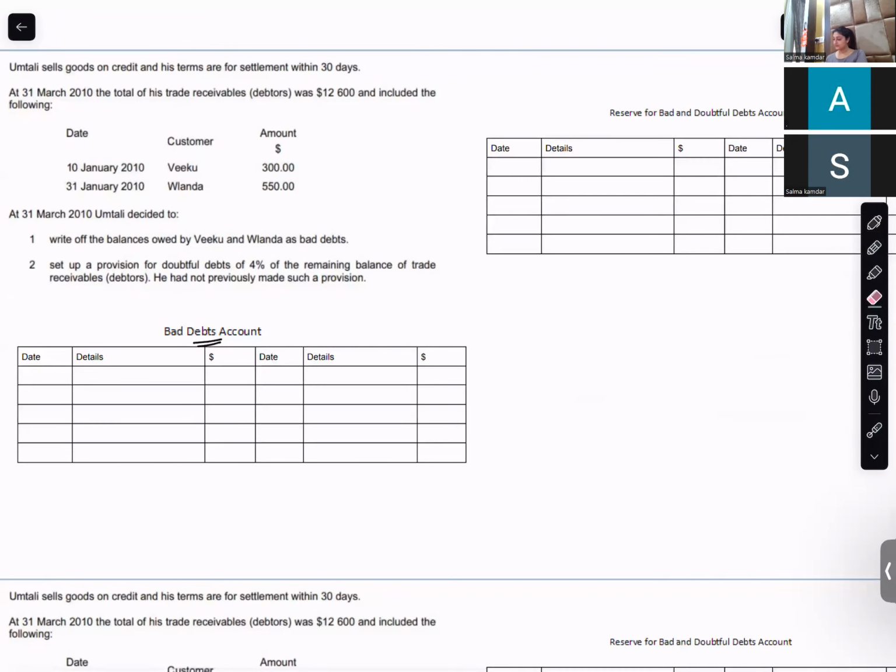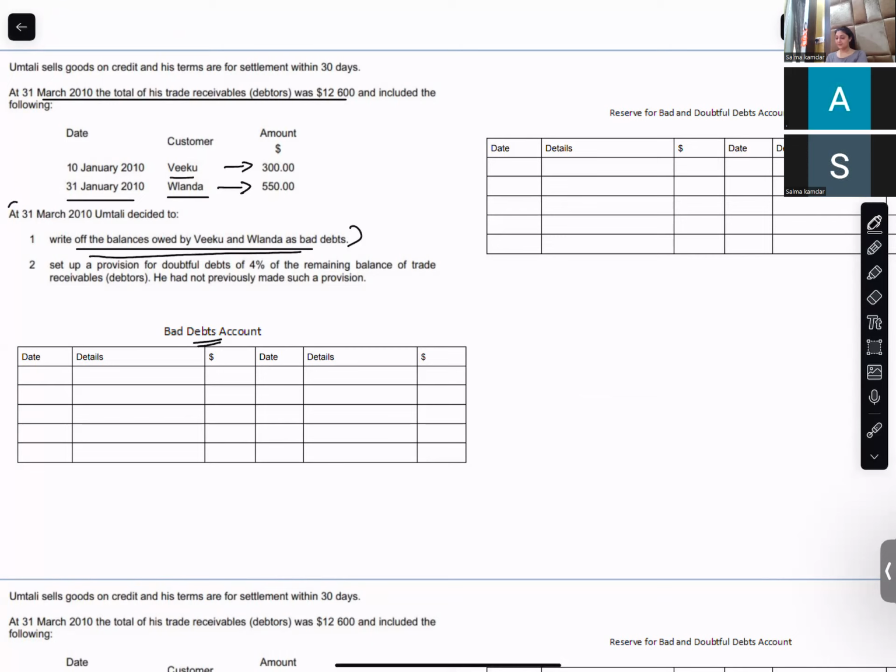At 31st March 2010, the total of his trade receivables was 12,600 and included the following. On 10th January 2010, a customer named Viku amounted to 300, and on 31st Jan 2010, a customer named Mulanda amounted to 550. At 31st March 2010, Umtali decided to write off the balances owed by Viku and Mulanda as bad debts.